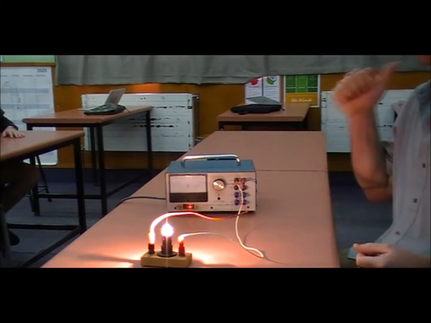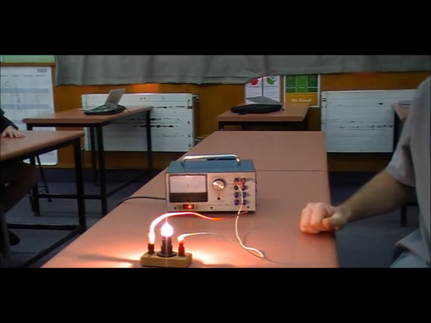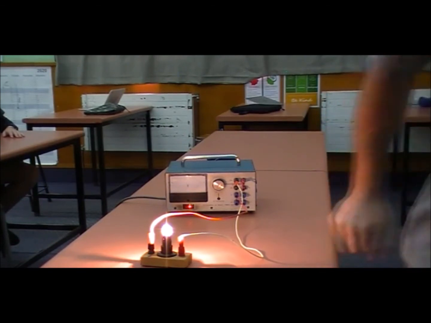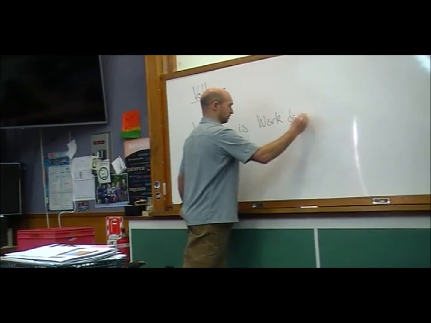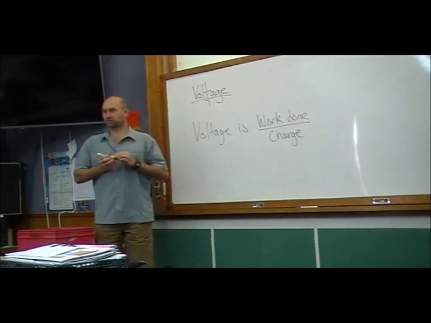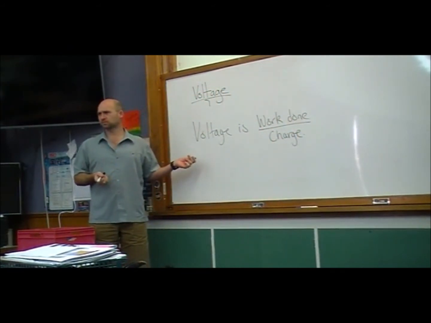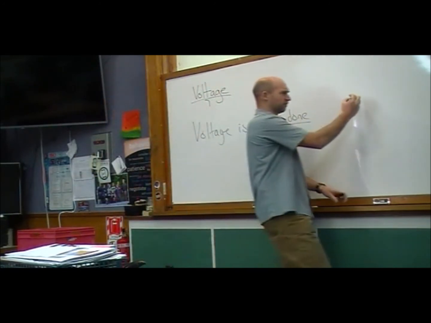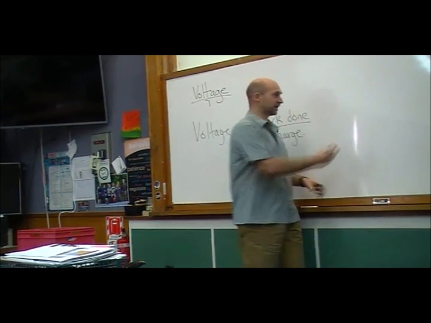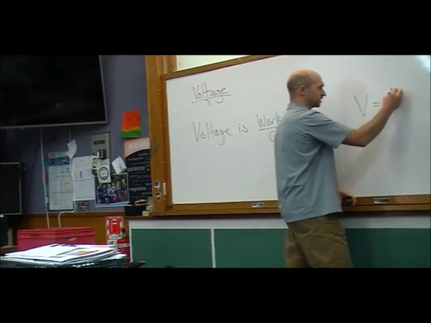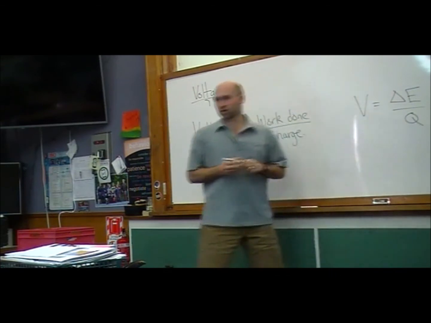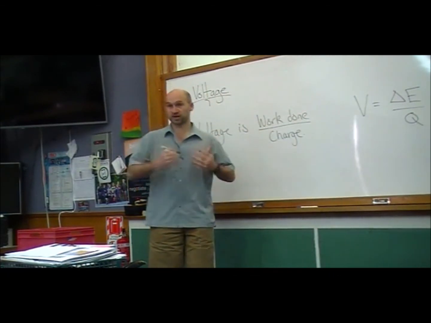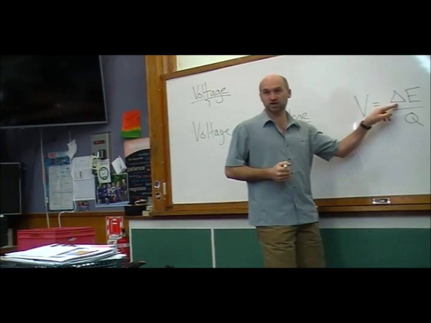We're just going to write that equation down so that we've got it for calculations. We write down that voltage is the work done per charge, or if we want to write it mathematically, voltage is work done per charge. And work done just means the change in energy.